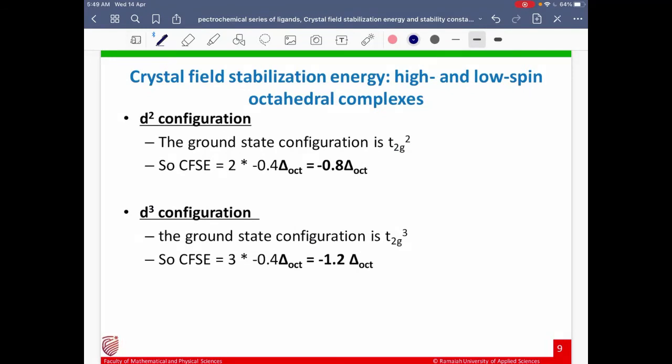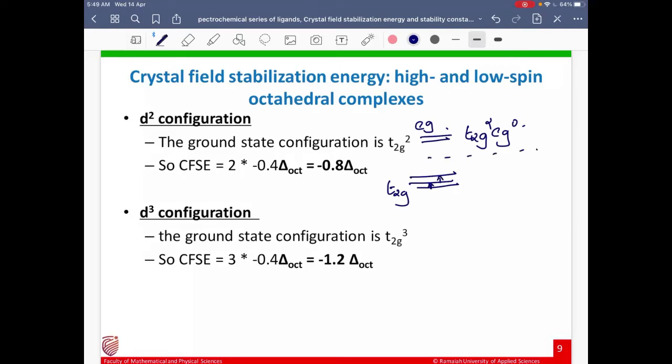For d2 configuration, the ground state configuration is t2g2. If two electrons are present in the central metal atom or ion, the arrangement will be t2g2 eg0. If I arrange the electrons in t2g and eg, two electrons will be in t2g.